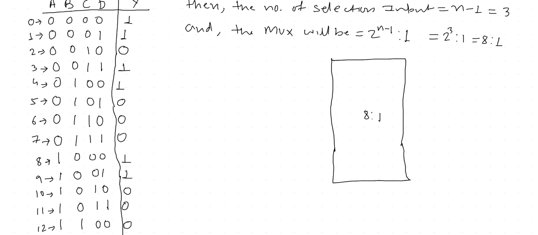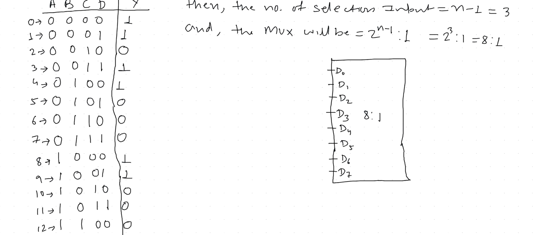Okay. So if it is 8 is to 1 mux, the number of input will be 8. So suppose the inputs are D0, D1, D2, D3, D4, D5, D6, and D7.